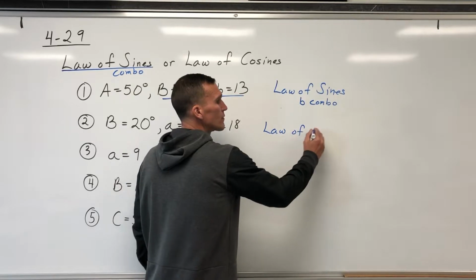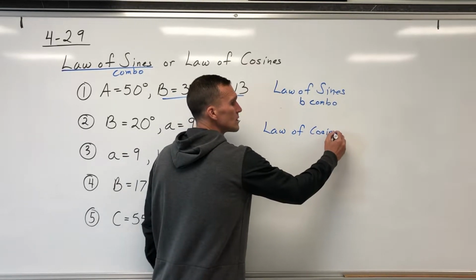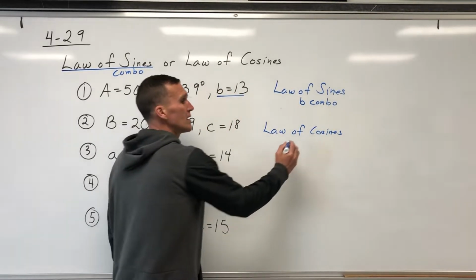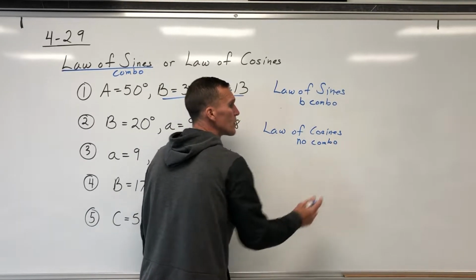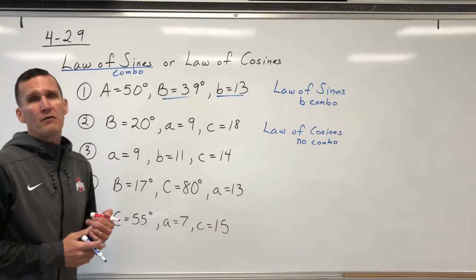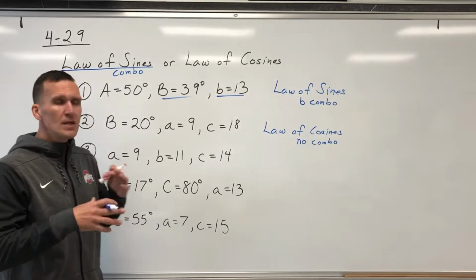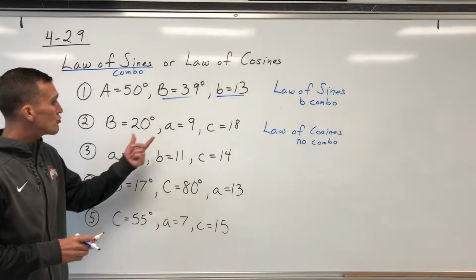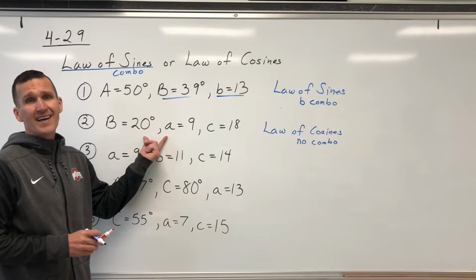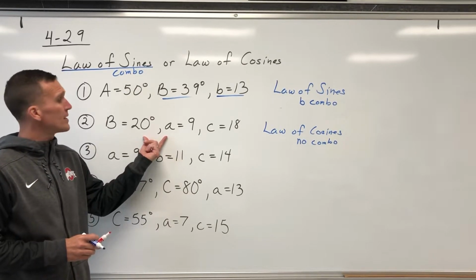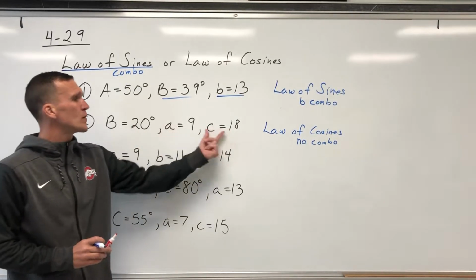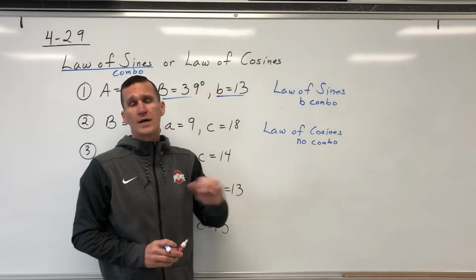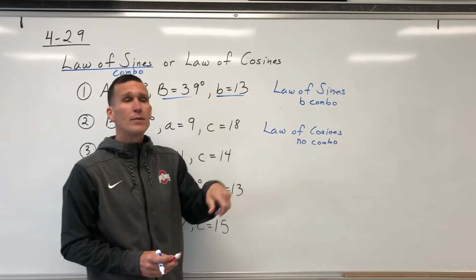So law of cosines, and again, my rationale is no combo. If you really remember back from geometry and you drew this out, this would be side angle side information. But anytime you have side angle side information, which means the angles in between the two sides, use the law of cosines. But the real reason is you don't have a combo.